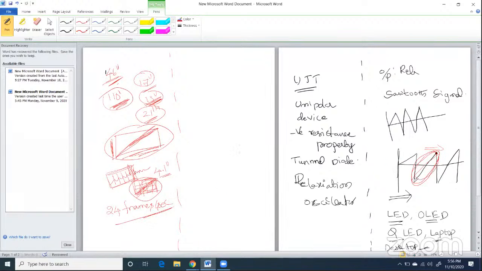The sawtooth signal is sweeping 24 times to induce the pixel, that is the image point of the video or picture. 24 frames means the broadcasting rate is 24 frames, meaning the sweeping or sawtooth signal is scanning the total screen 24 times per second.